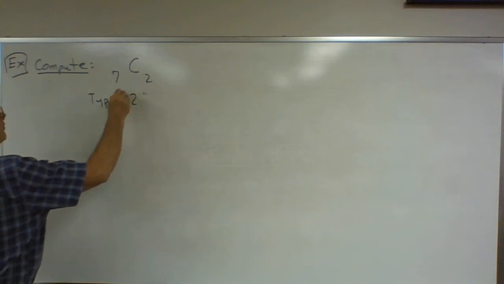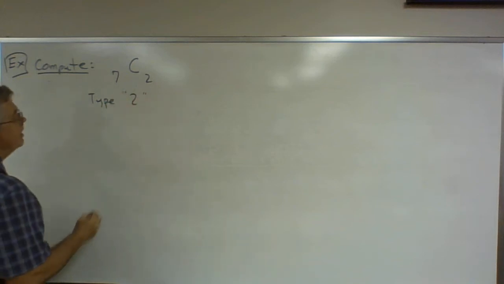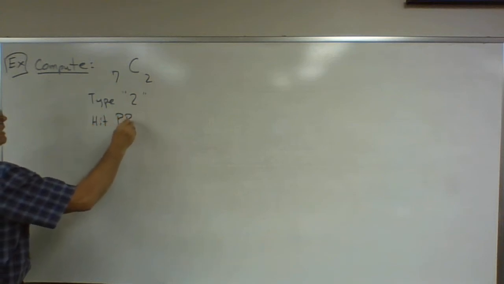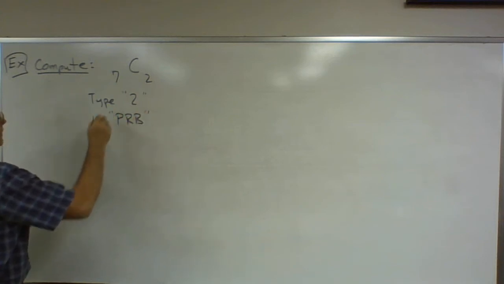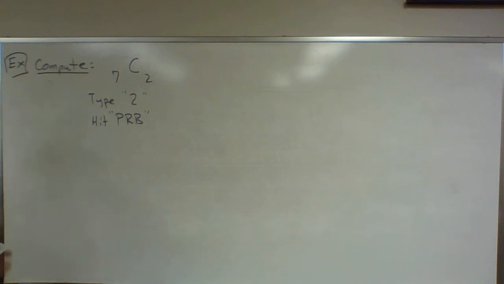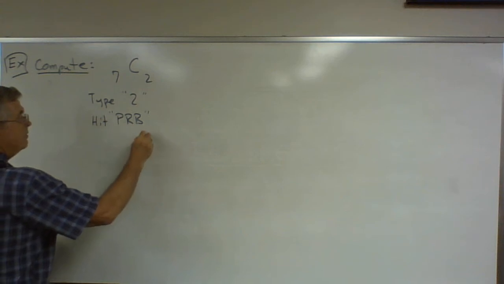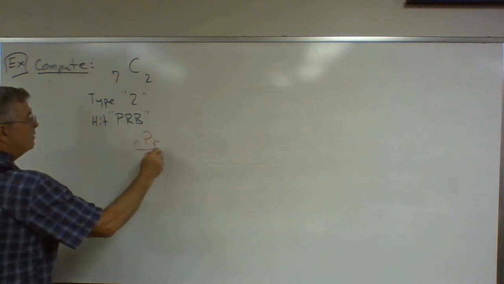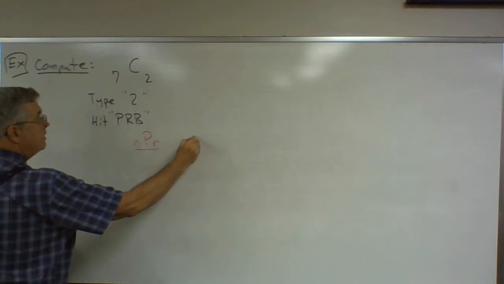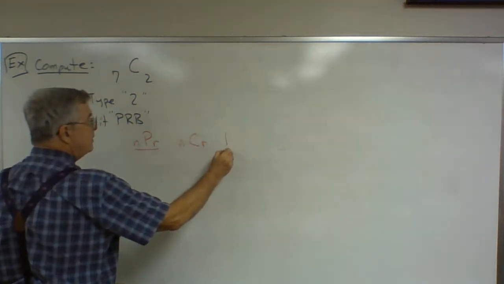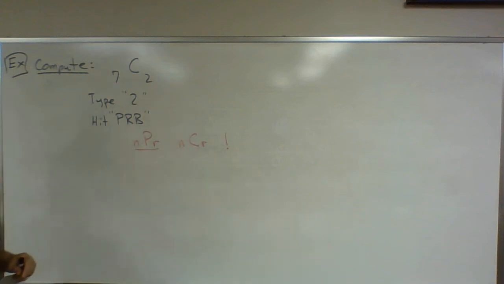Type 2, and we hit the probability key, PRB, and we're going to see NPR underlined, NCR, and factorial.